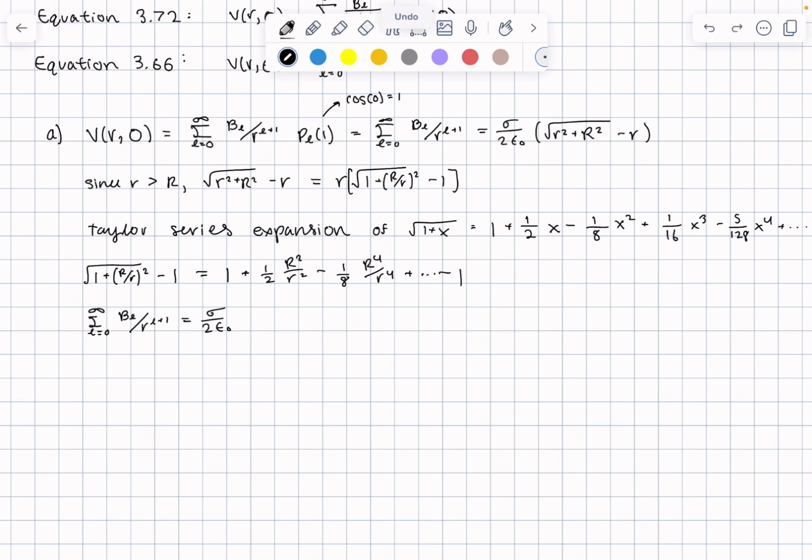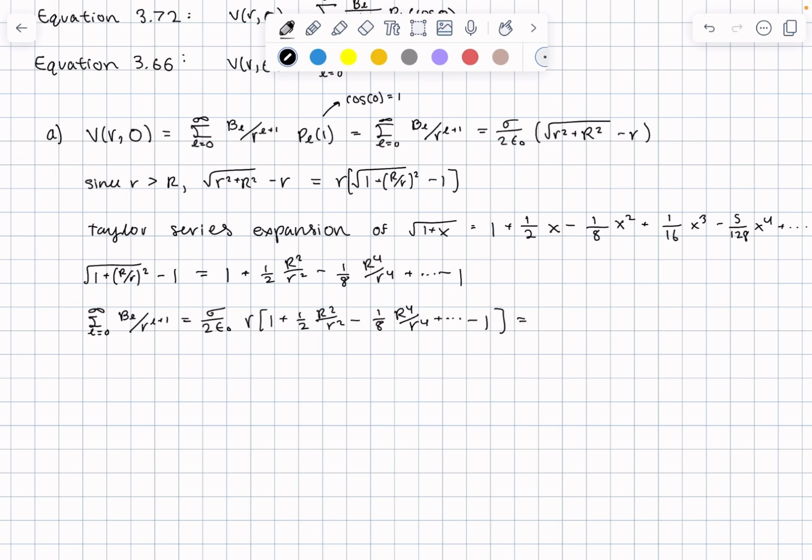And we'll put our r in front of there. 1 plus 1/2 big R squared over r squared minus 1/8 big R to the 4 over little r to the 4 plus, continuing, minus 1.